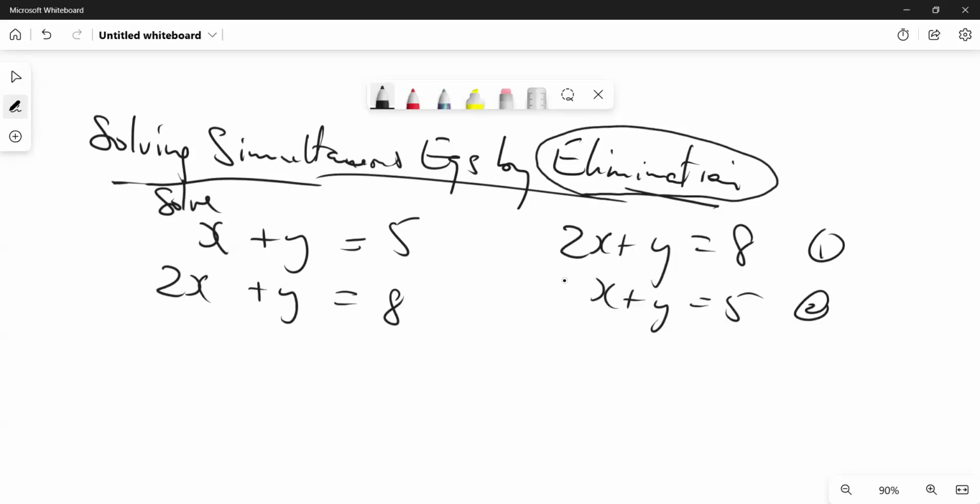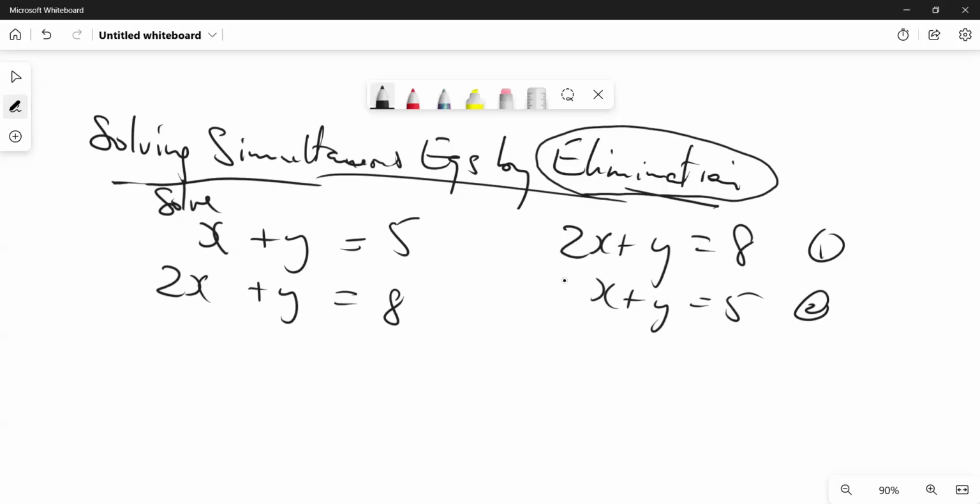One of the things you have to do in elimination is decide what you want to eliminate. Sometimes, instead of you deciding it, you look at the nature of the two equations and let that tell you which one is best to eliminate.